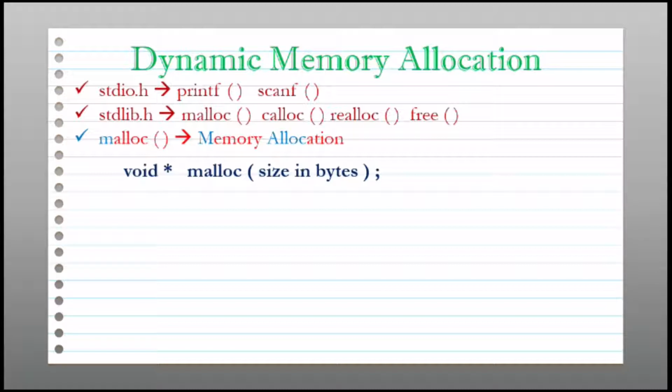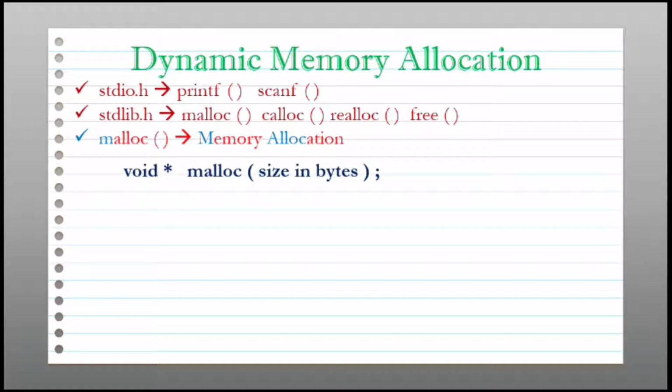The return type void is used because we don't know at the start for which particular data type the malloc function is used. So that's why it is used with the return type void. Once we use the malloc function, we will easily see why void is used as a return type.